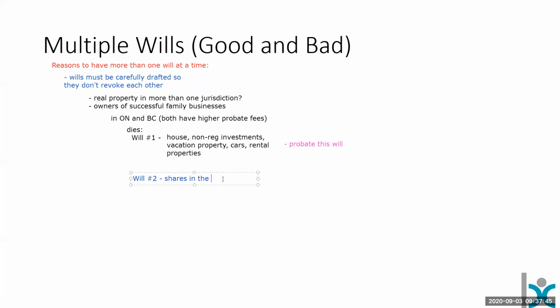So will number 2 is where we're going to have shares in the family business, and that's the only thing that's going to be in there. The reason we're not going to probate this will is because these are going to be dealt with by some other document. Really, the will sends you to whatever other document, the unanimous shareholder agreement or a buy-sell agreement.